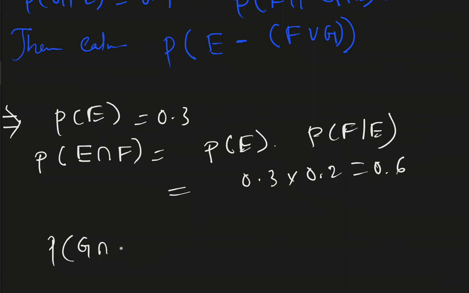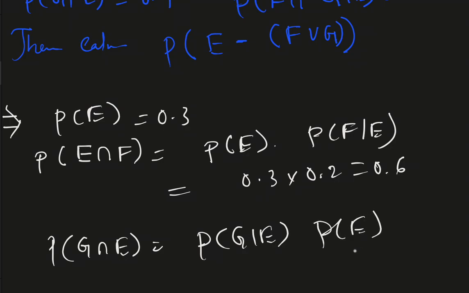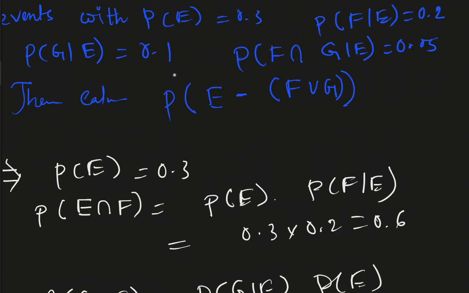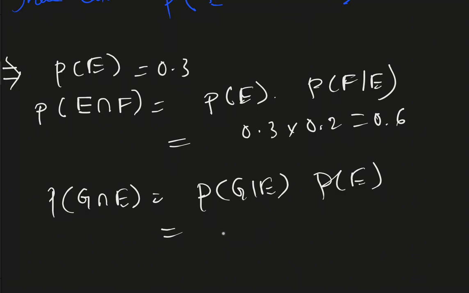Similarly, G intersection E will be P of G given E into P of E. So this is 0.1 into 0.3, which is 0.03.